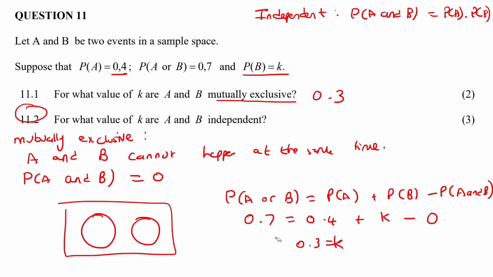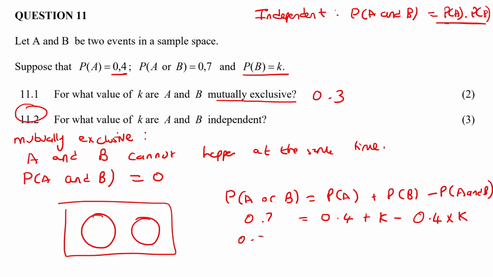So what we'll go and do is, once again, we'll use this formula. And we'll still say 0.7 over here. We'll still say 0.4. We don't know what that one is. But now for this part, we can say that it's the probability of A multiplied by the probability of B, which will be 0.4 multiplied by K.